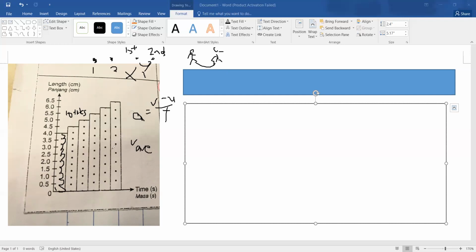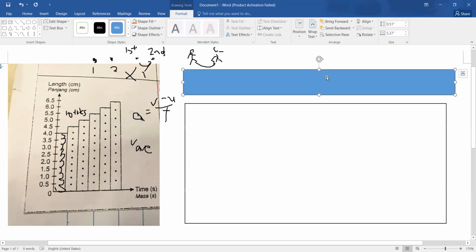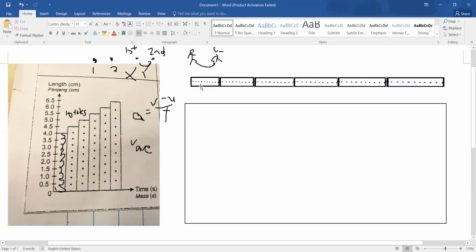So don't be worried when you see this kind of graph. This kind of question is similar to this one. Now I remove the box. When you see this box, you might know how to solve it. Let's say the direction of motion is going to the left, and we can see there are 6 stripes or 6 steps.